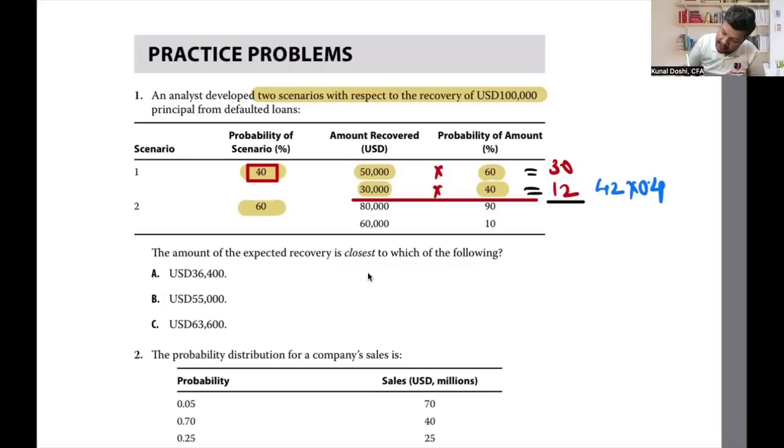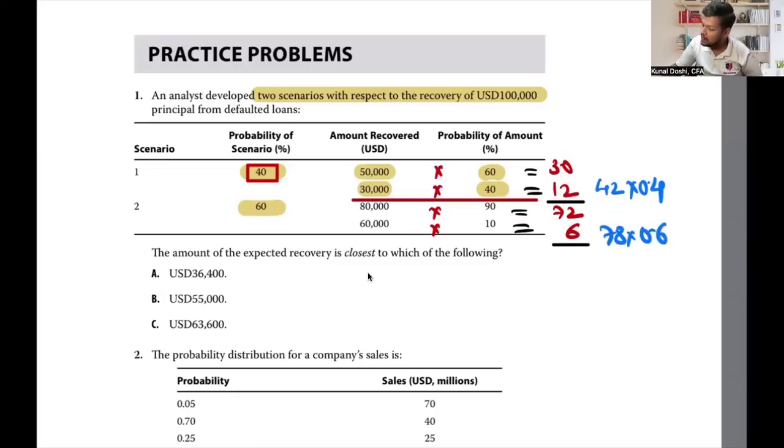In the second case, I will get 80,000 whose possibility is 90%, right? So that is going to give me 72,000, and this 60,000 into 10% will be 6,000. So in the second case, I will get 78,000 and its possibility is 60%.